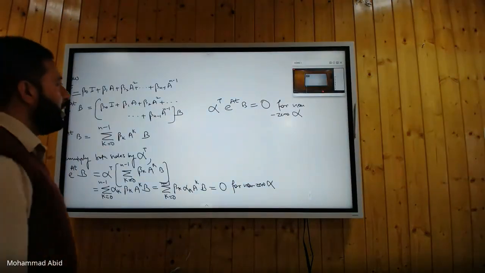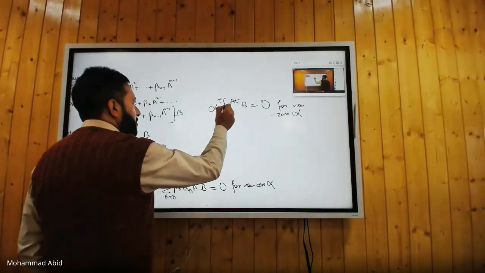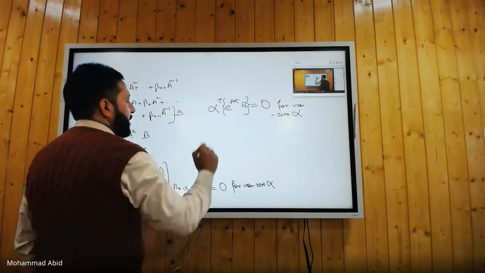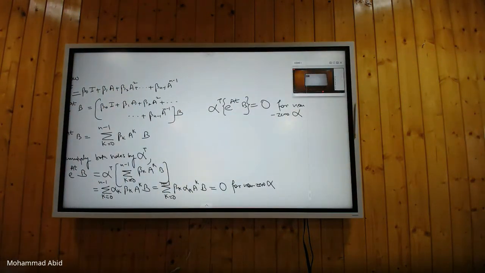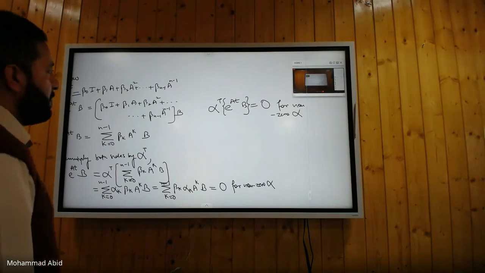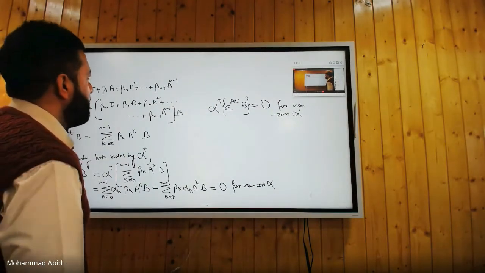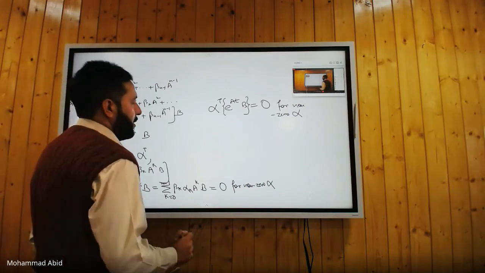This means that this matrix e to the power At B. Just remember last time what we had done when we were discussing the controllability gramian. How did we define the controllability gramian? Remember how was the controllability gramian defined? Anybody?